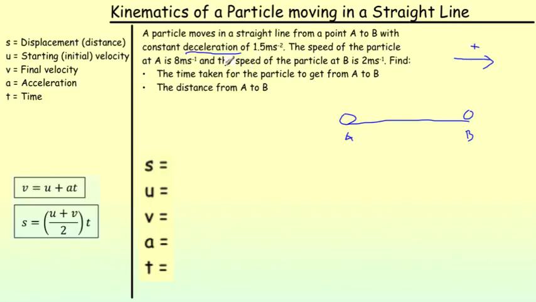Now this time it says we've got a deceleration of 1.5 meters per second squared. Now a deceleration of 1.5 meters per second squared is the same as an acceleration of minus 1.5 meters per second squared.